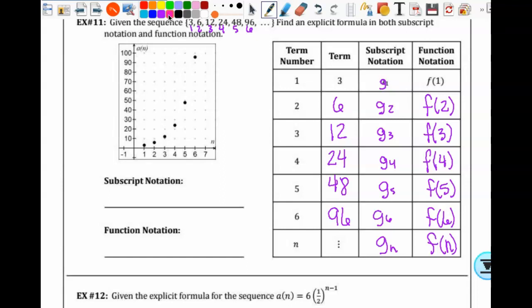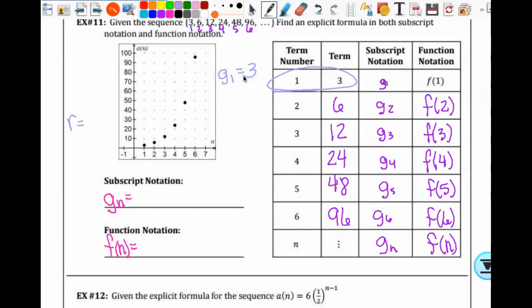So we're going to write these. We need G sub n, that's my subscript notation, and f of n is my function notation. In order to do that, I need r, and I need a starting point, or a G sub k, so we'll use this one, and we'll say we know that G sub 1 is equal to 3.